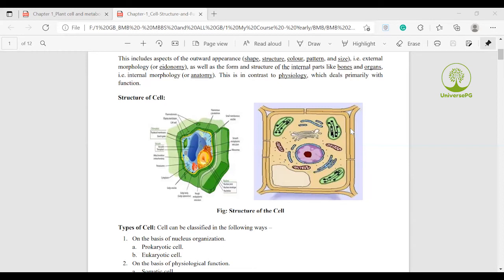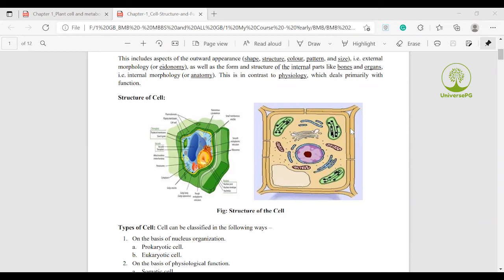Chloroplast generally contains chlorophyll, a green color component that helps in the biosynthesis of oxygen by the utilization of carbon dioxide and water. This reaction is called photosynthesis.